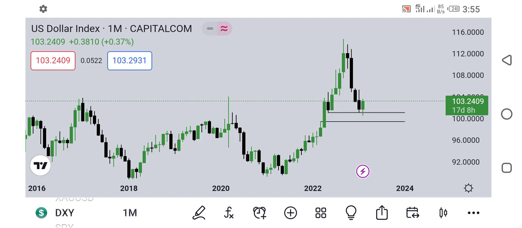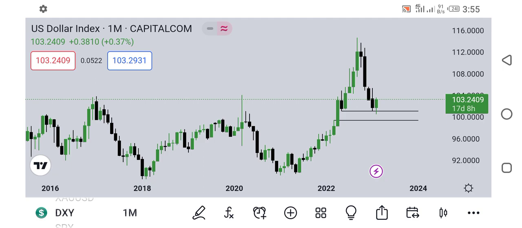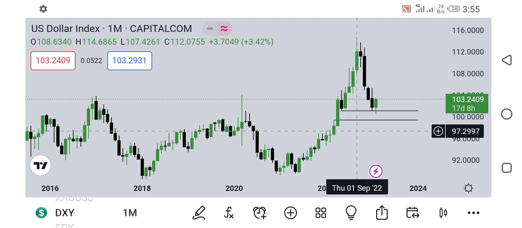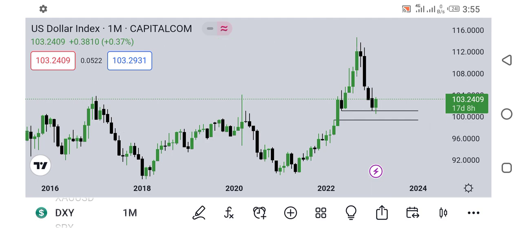Now, this is the monthly chart of the dollar index. This peak here was in September, and that was the peak of the US inflation. When you see this chart going up, that means the US dollar is strong. If the US dollar is strong, what do you expect of Euro USD and GBP USD? They are supposed to be coming down.